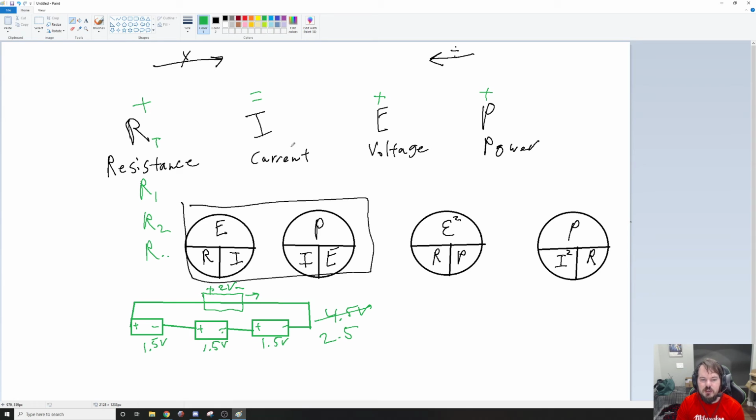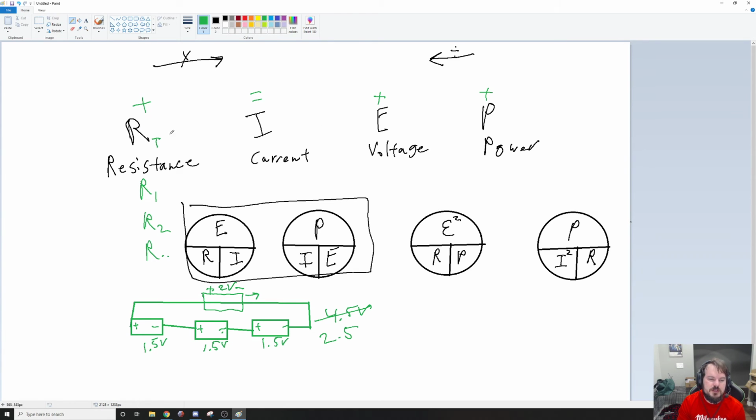I know this has gotten a little bit cluttered, but if you were looking for a resistance and you had literally all the other values in the circuit, oh, excuse me, I'm sorry. All right.